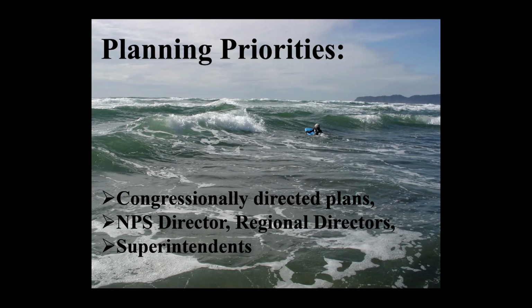And even that's not quite a true statement because right now the superintendent for Arches, Canyonlands, and Natural Bridges is the same person. So those three parks have one superintendent. I believe that's still the case. I know that's how it's been for quite a while.